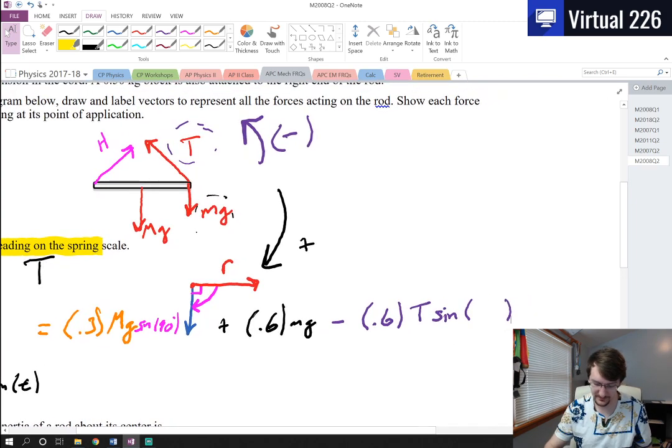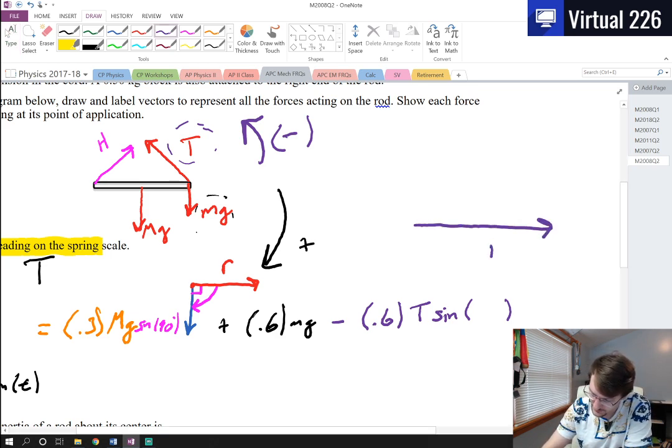So to figure out what that angle is, if we drew the moment arm, this tension is coming back like this here. So we want the shortest possible angle from the moment arm to the tension.